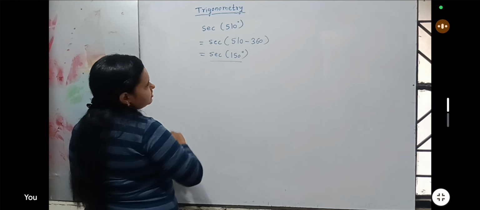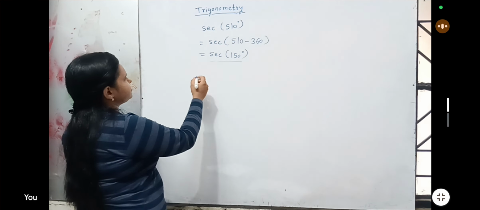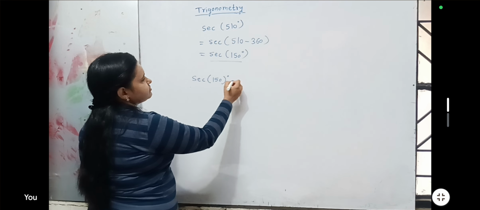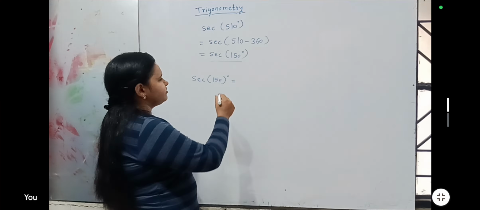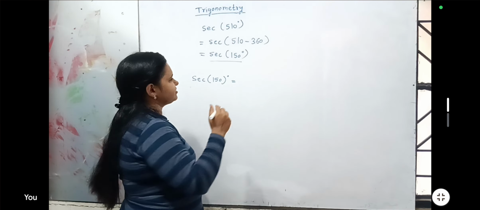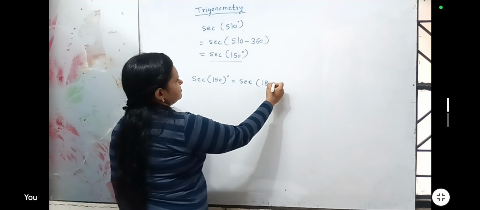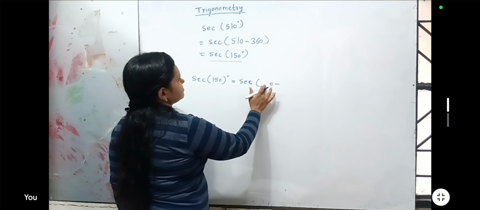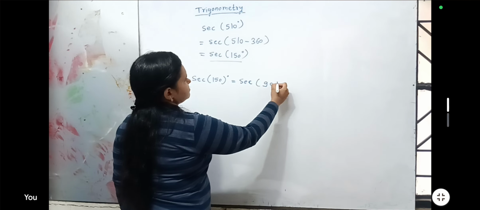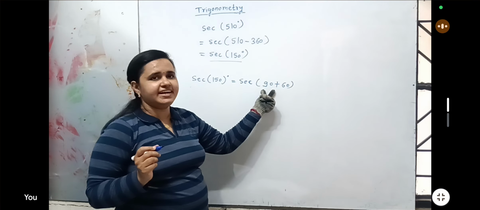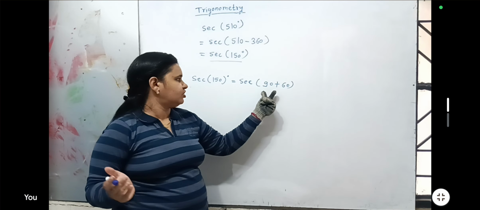So now we have to solve this sec 150 degrees. We can write 150 as 90 plus 60. We have to always write it in the form of 90, 180, 270 or 360.